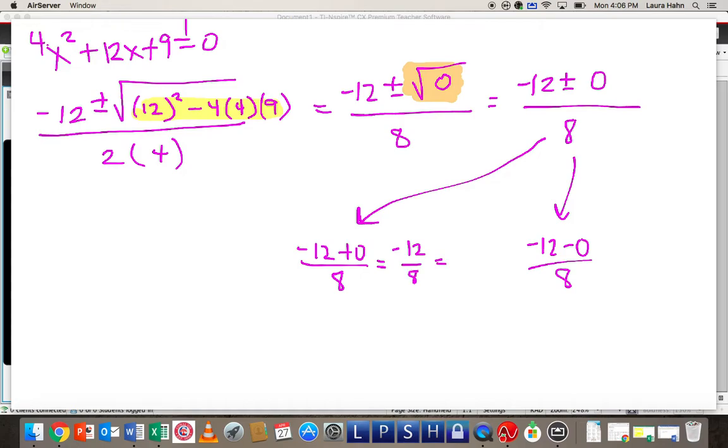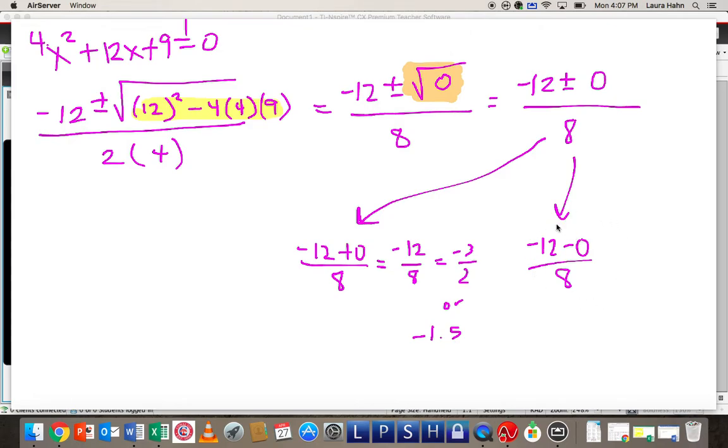Negative 12 divided by 8 is negative 3 halves, which is the same thing as negative 1.5. So we know one of the solutions is negative 3 halves or negative 1.5, whichever you like better, fraction or decimal, which means I know my parabola will touch the x-axis at negative 1.5.